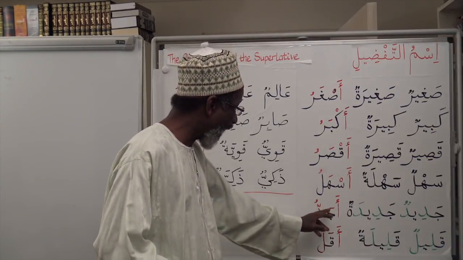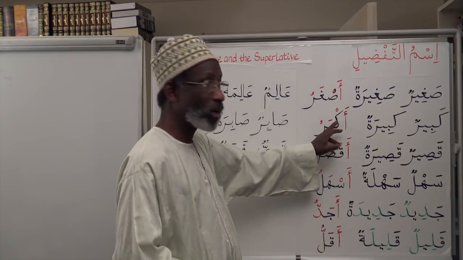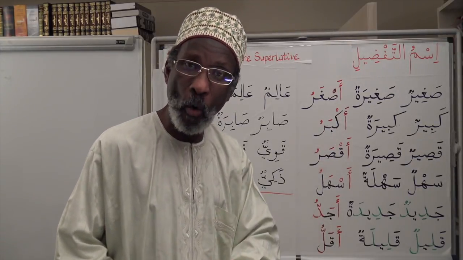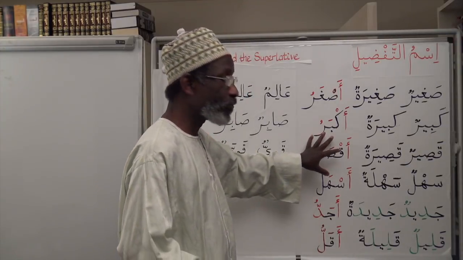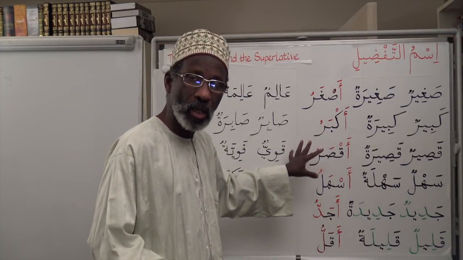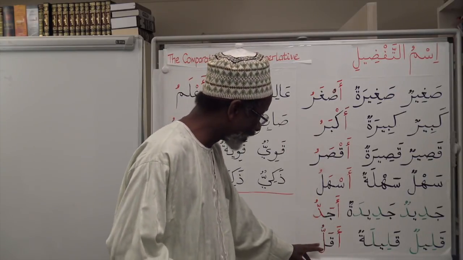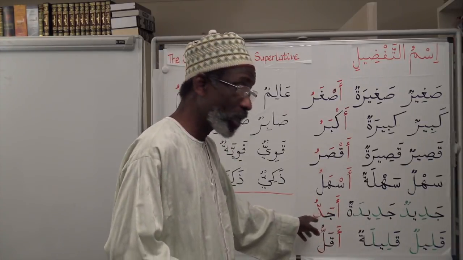So now it becomes ajaddu. Now, the first root is not carrying sukoon as we normally do, it's carrying fatha. So that's the second form of the elative. Here we have af'alu, meaning akbaru, asgharu, ajmalu, and so on. But here is ajaddu. Another example, jadidun, by the way, is new. This is newer than.